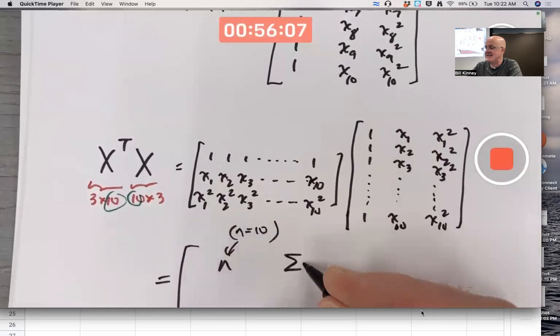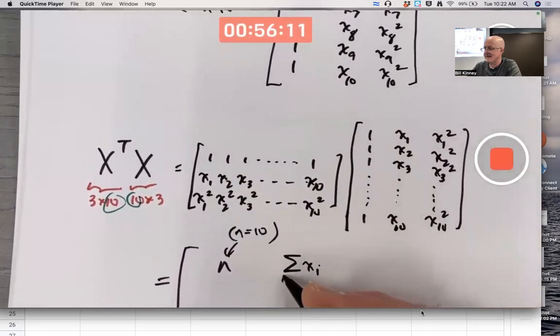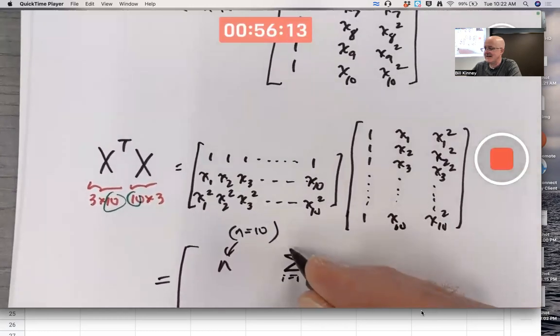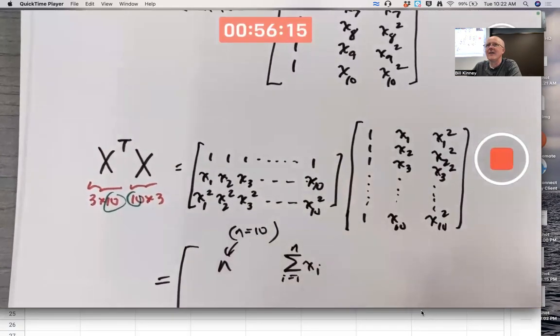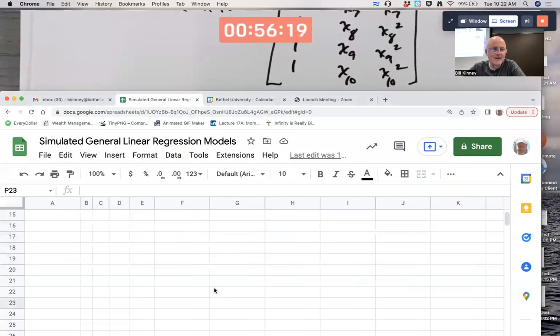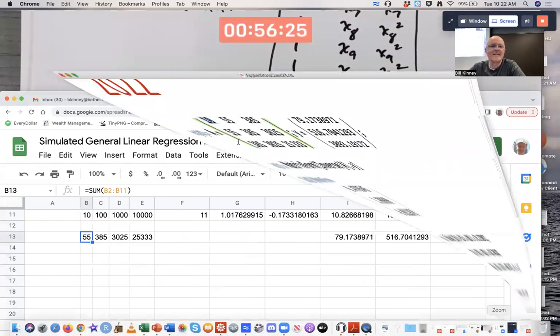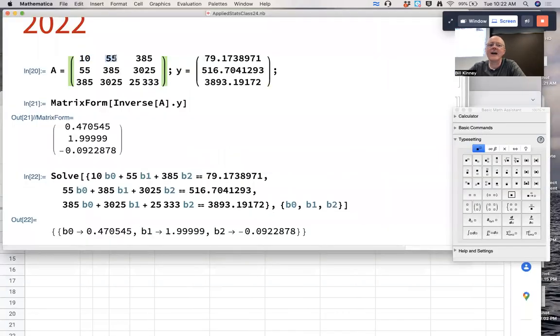Add up the xi's, in other words. Hey, we already did that in the spreadsheet. 55.